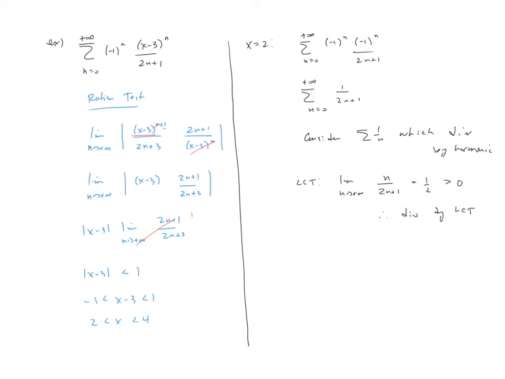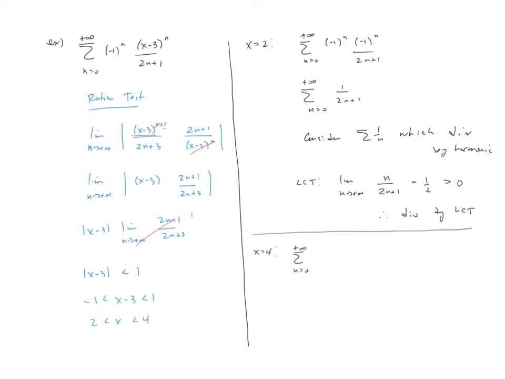So what we know so far is that if you plug a 2 in up here, this thing diverges. Okay? So now we still have to test the 4. So maybe I'll separate right here. I'll say let x equal 4. If we let x equal 4, once again going into the original, that's going to be a (+1)^n, and that (+1)^n is just going to be a 1 no matter what.